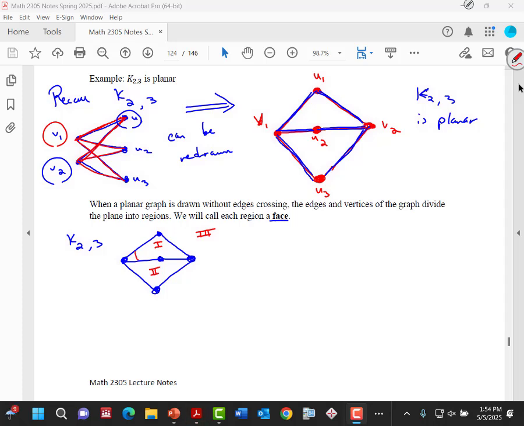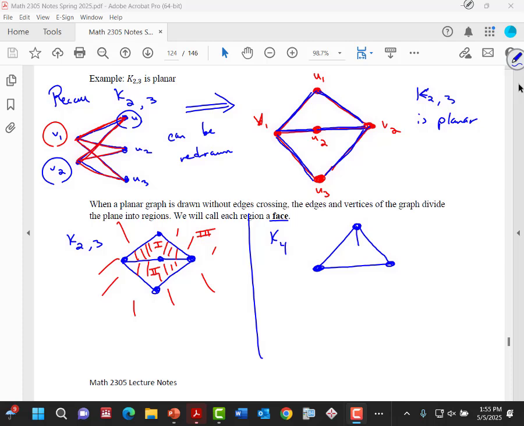And so I have these segments right here called the faces, and then everything else outside of it is face 3. Each region is called a face. What about K4? We looked at him just a second ago. What did he look like? When I draw him in the plane, he looks like this.